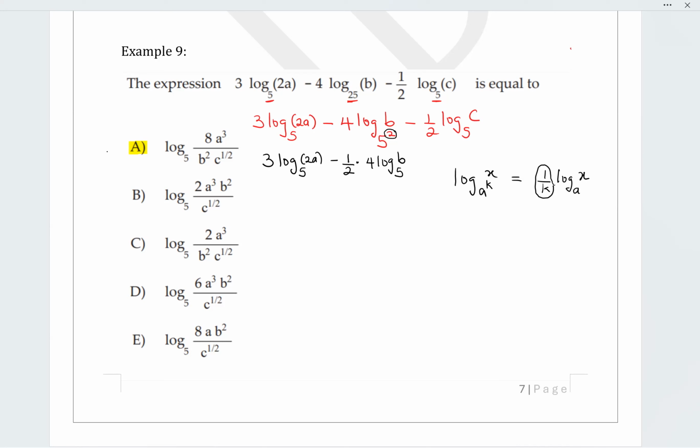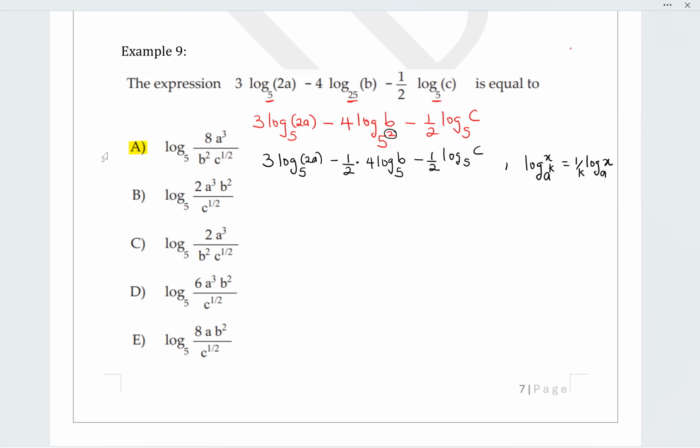Then minus 1 over 2 log 5 of c. So we're done with this one. Let's delete it here. I can write it by the side because I know that log of a to power k of x is going to be 1 over k log of a of x.